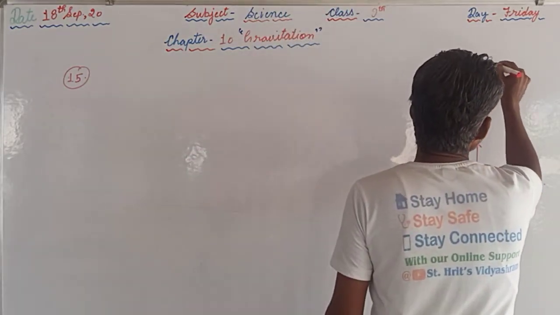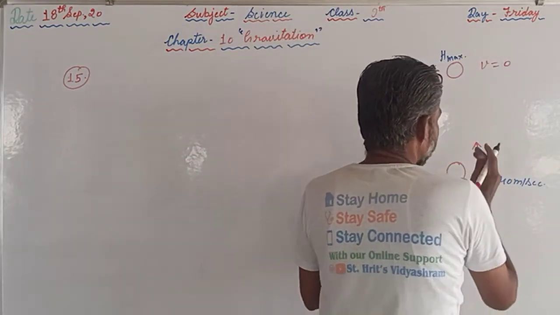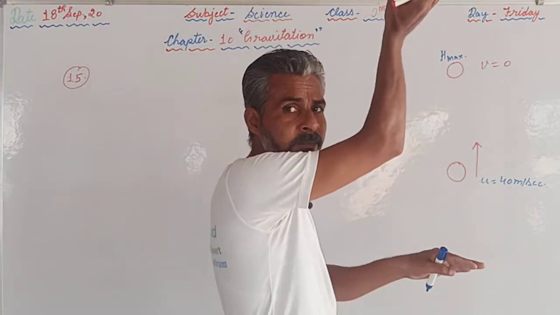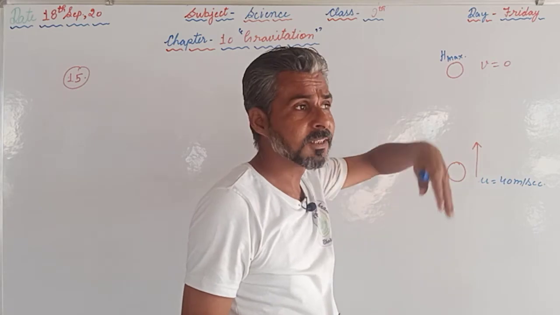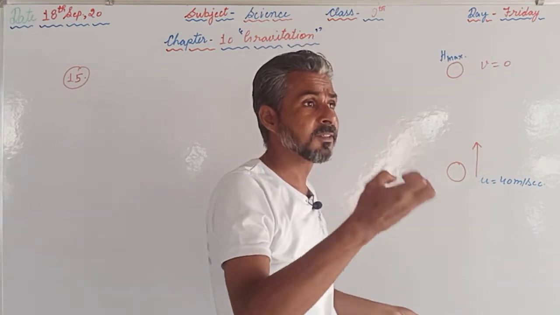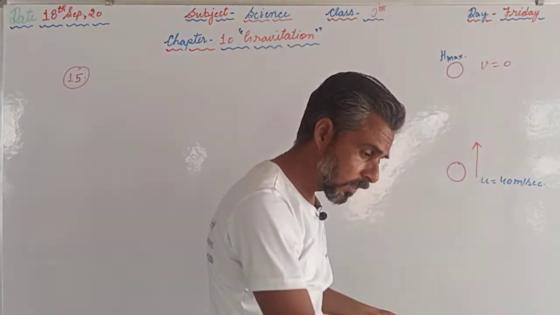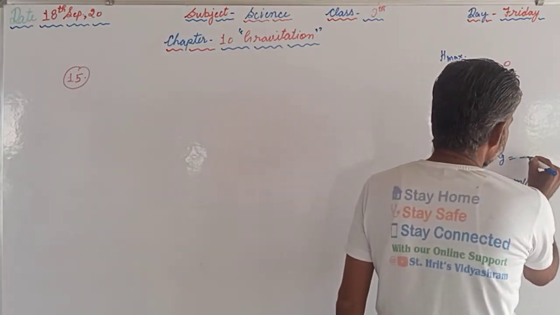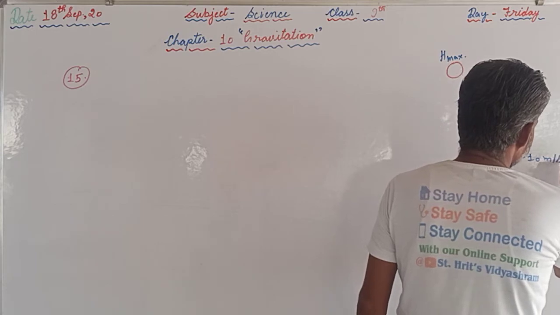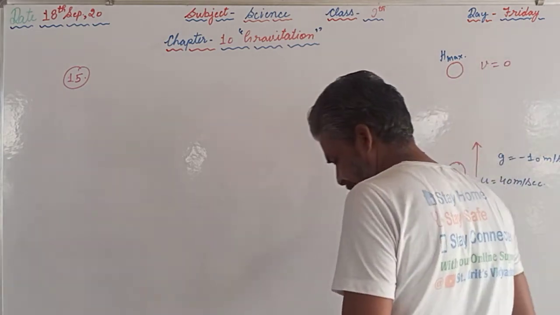So v will be 0 here, and when the ball is thrown in the upward direction, its velocity will become 0, which means the value of g is negative, because g is always towards the center of the earth. So here the value of g will be minus 10 meter per second square.